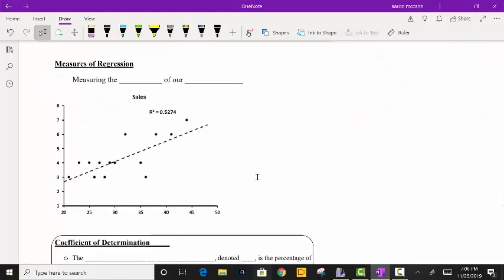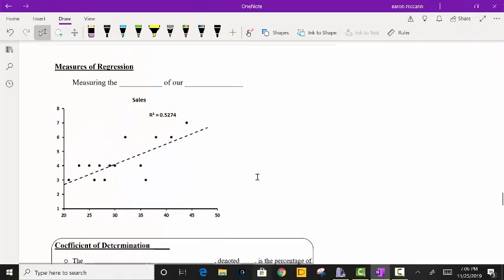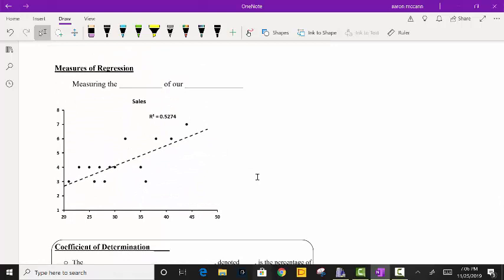All right, and the last thing we're going to come to with this is the measures of regression. With measures of regression, we're trying to measure the accuracy of our regression.